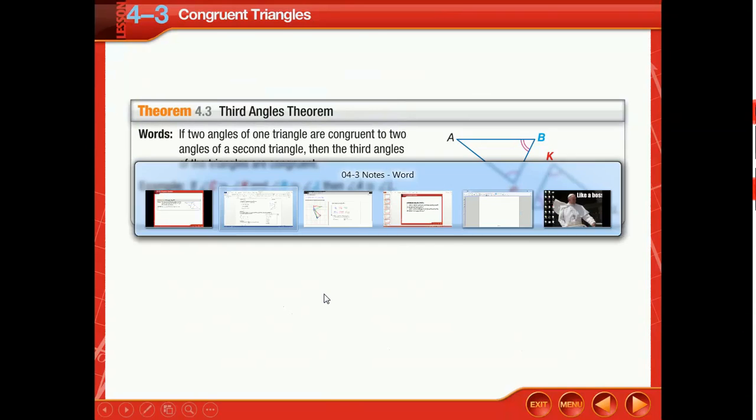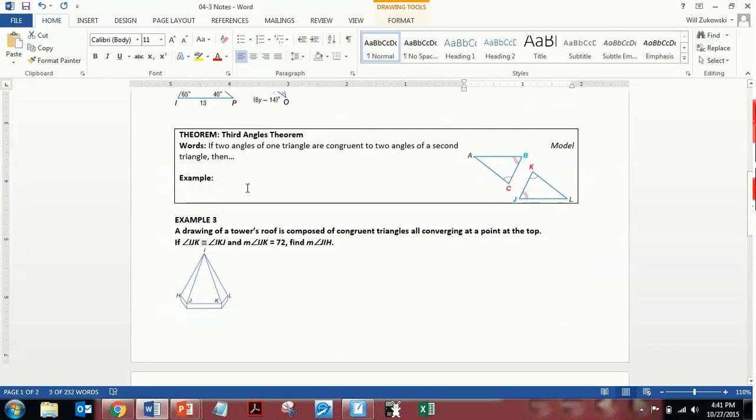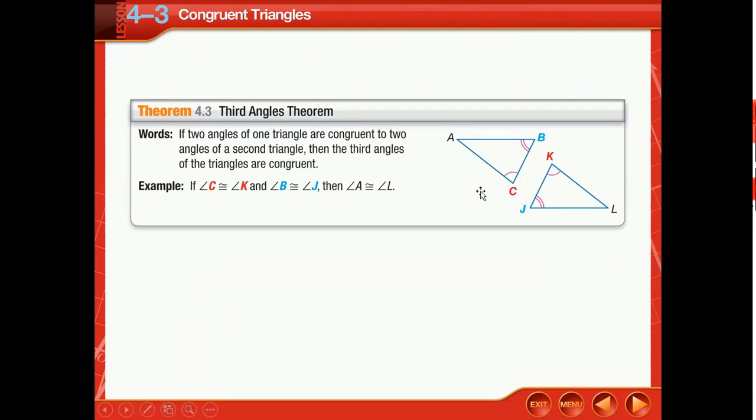Third Angles Theorem. You're going to be writing that in this box right here. If two angles of one triangle are congruent to two angles of a second triangle, so notice C and B, that's two angles of one triangle, are congruent to K and J correspondingly of this second triangle, then the third angles of the triangles must also be congruent.